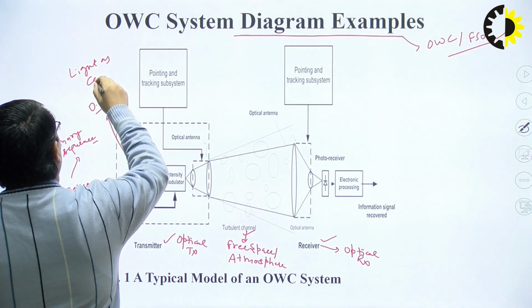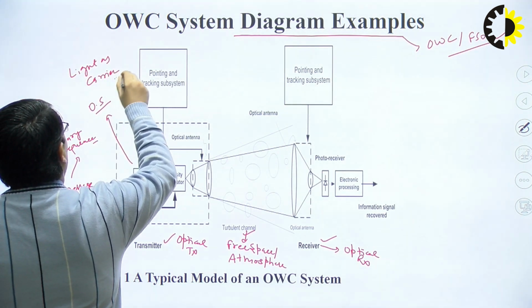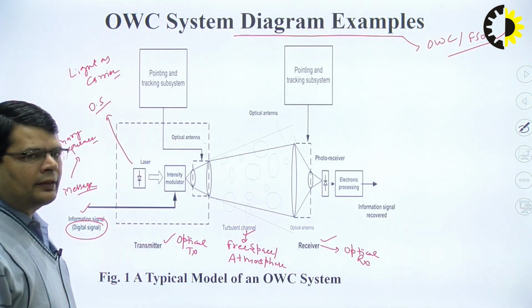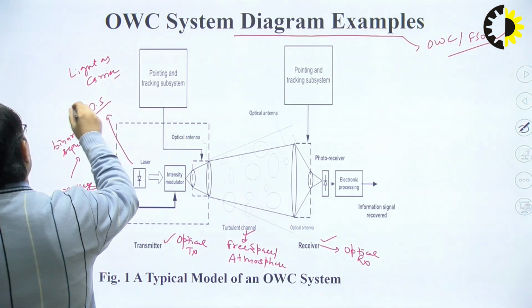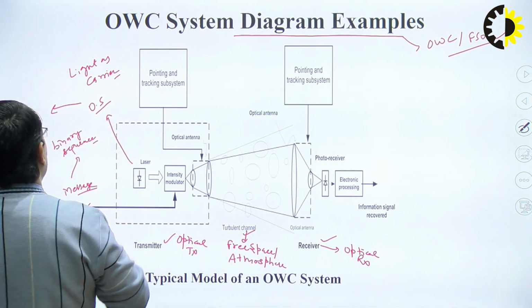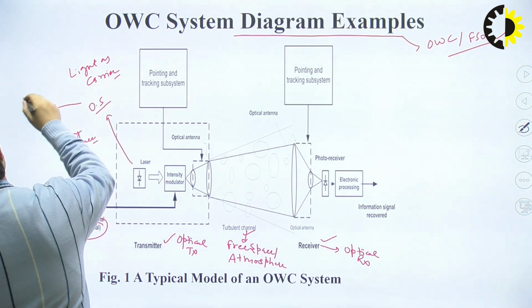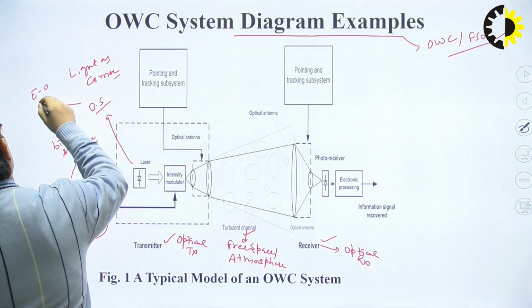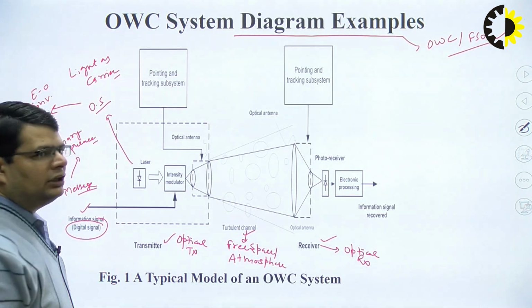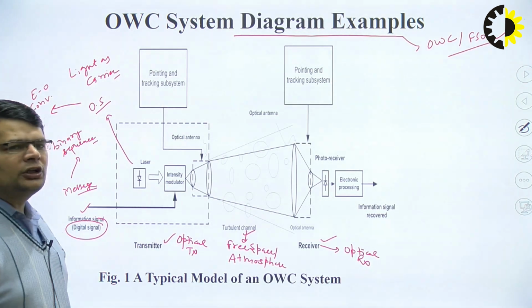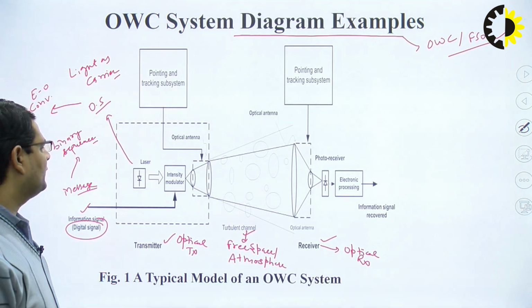Along with this, optical source will also help in performing the E to O conversion, that is, electrical signal will also be converted into the optical form.